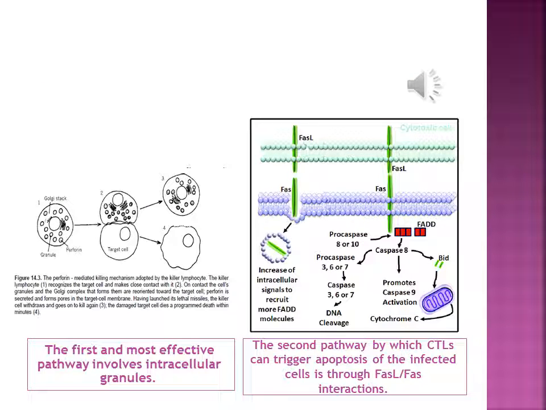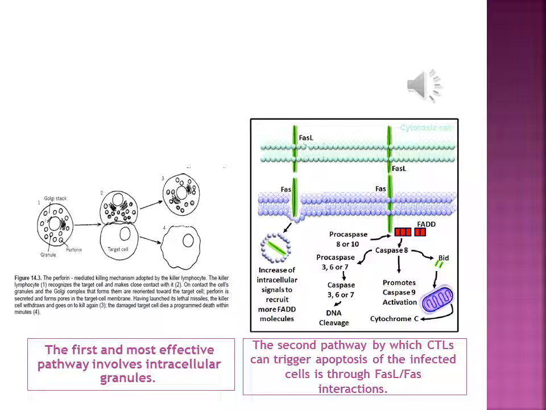Here, in the first and most effective pathway that involves intracellular granules, the cytotoxic T cells come closer to the target cell and recognize it through the MHC class I molecule, so it begins to secrete its granules on the cell surface, and pores form on the cell membrane of the infected cell, and the cell begins programmed cell death.